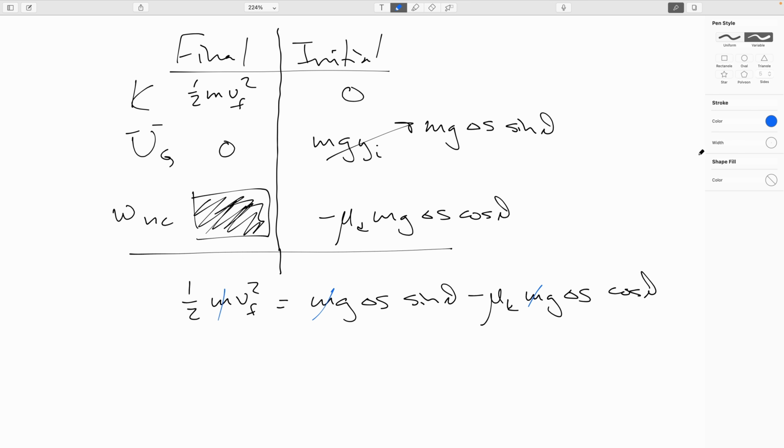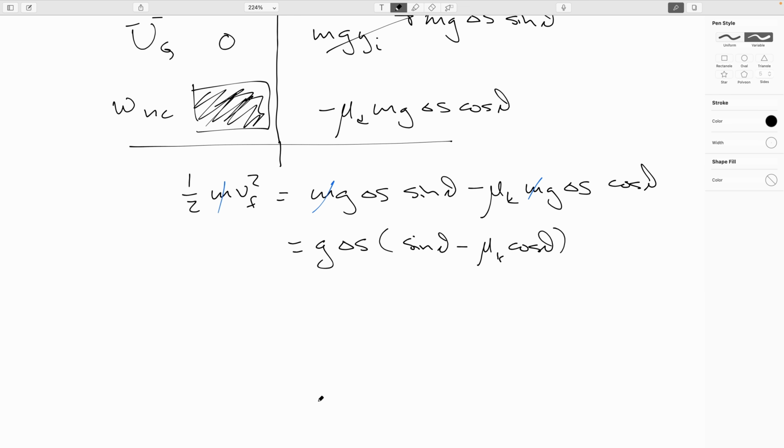The second small favor is I can pull out a g and a delta s from everything. So g delta s times sine theta minus mu k cosine theta. So then I'm just left with timesing through by 2 and taking the square root. So I get that v final equals the square root of 2g delta s times sine theta minus mu k cosine theta.